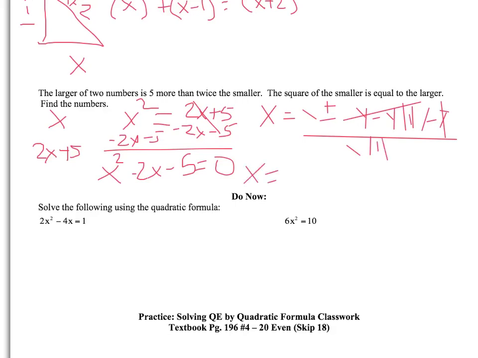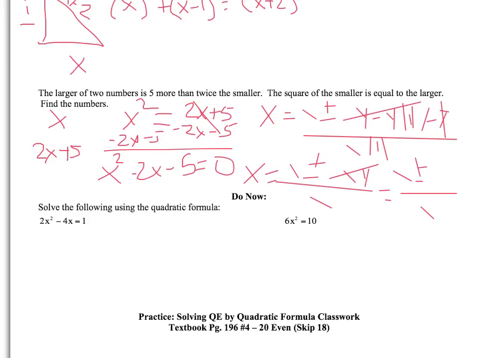So we would have x equals 2 plus or minus the square root of, and if you type in your calculator again without the radical, you do 4 minus 4 times 1 times negative 5, you get 24. Well, 24 is not a perfect square like it has been for the other problems. But we can simplify it.